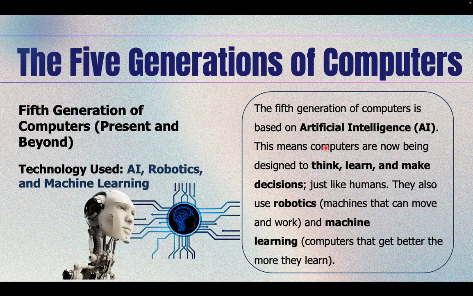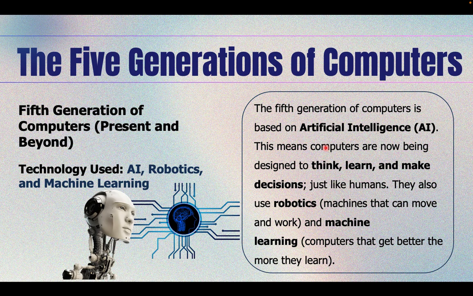So, humans, when you are walking and you meet an obstacle, you have to turn a direction. Computers are designed now to be able to think and rethink their actions. We have robots, machines that can move and work. We have machine learning where computers get better the more they learn, and become very adaptive.